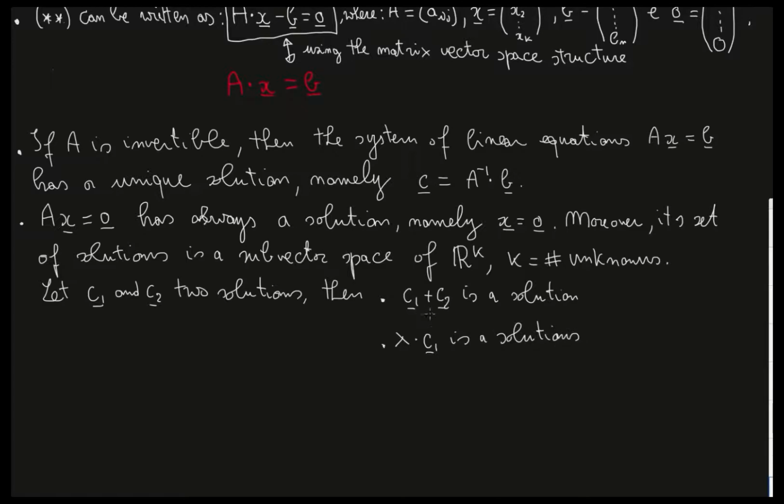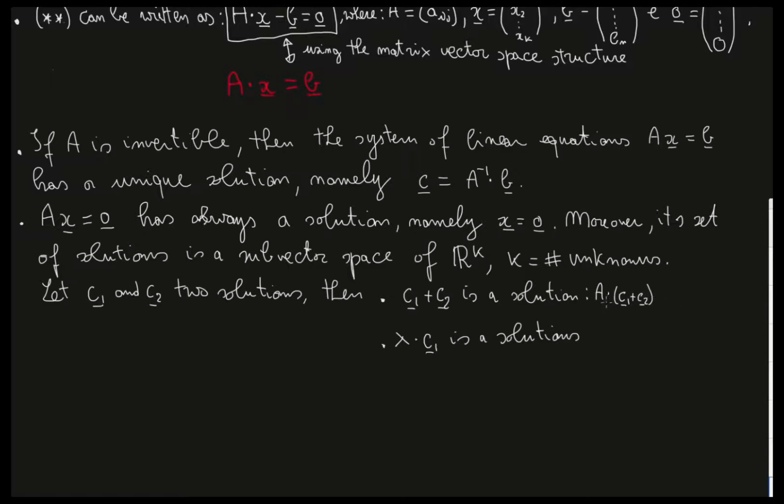These two facts imply that the set of solutions is closed under the two operations of a vector space, the sum of vectors and multiplication of vectors by scalars. So that implies that the set of solutions is a subvector space of Rk. So why is this true? Well, we have to plug in for X the vector C1 plus C2 and see if that equality is satisfied. So A times, instead of X, C1 plus C2.